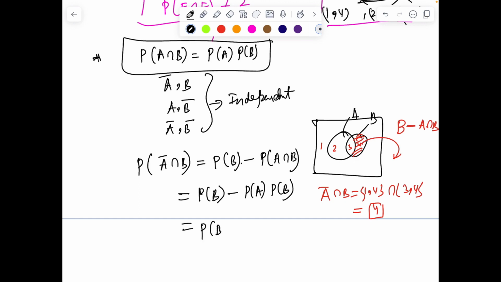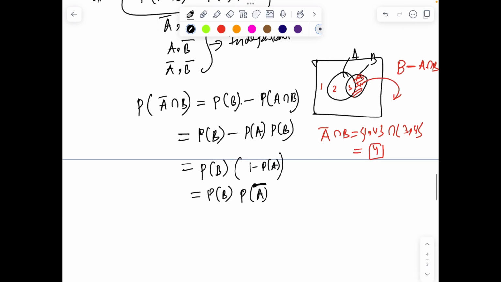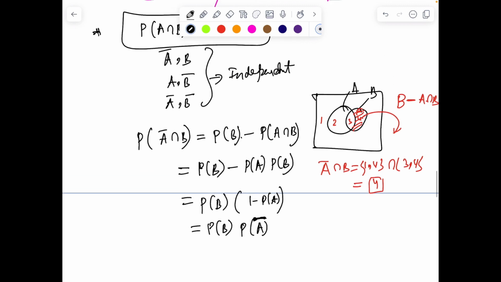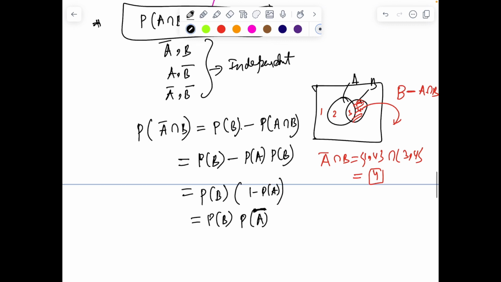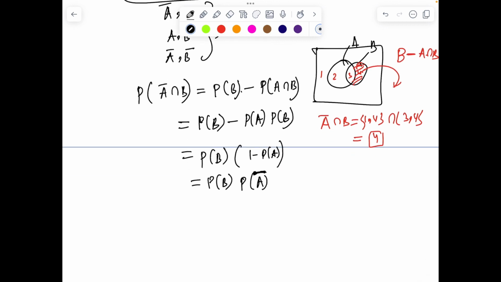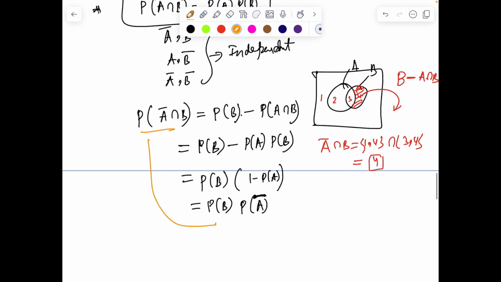So we can take P(B) common, 1 minus P(A), and 1 minus P(A) is the complementary event, so P(B) into P(A bar). So I hope it is clear. You can see P of A bar intersection B can be written as P of A bar into P of B. Hence A bar and B are also independent.